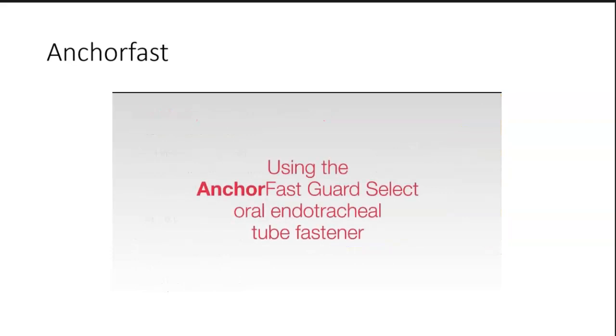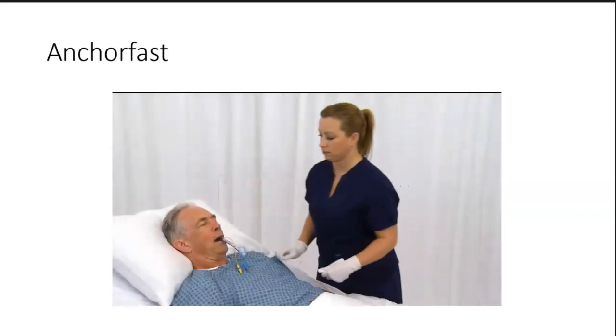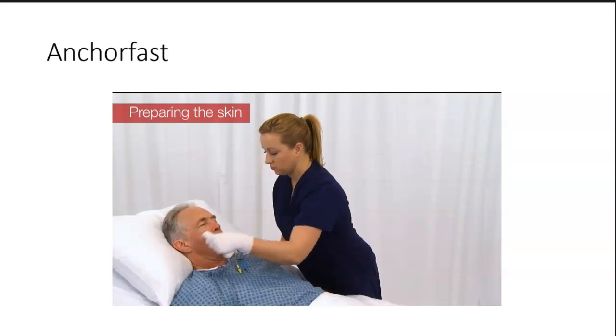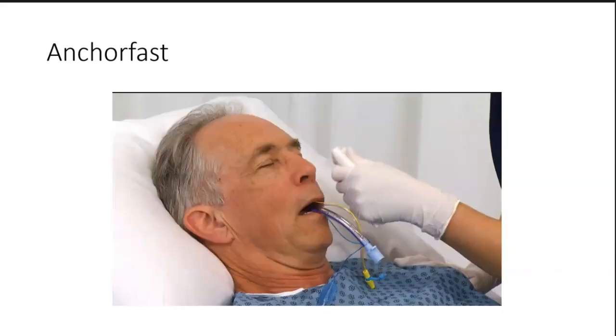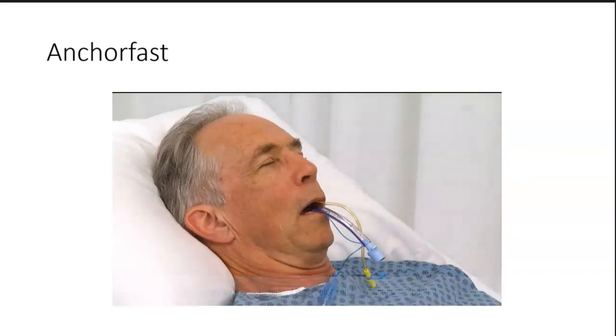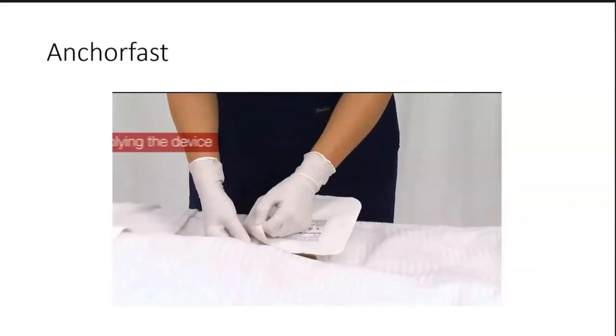Using the Anchorfast Guard Select Oral Endotracheal Tube Fastener. Before applying the device, the patient's skin should be clean, dry, and free of oily residue. Do not use skin gel wipes or other skin preps with the oral endotracheal tube fastener. Remove the product from packaging.